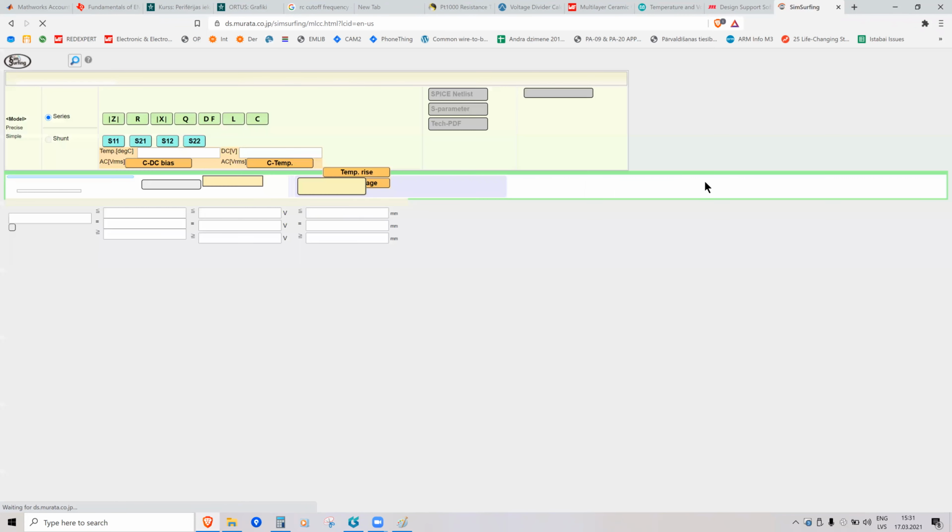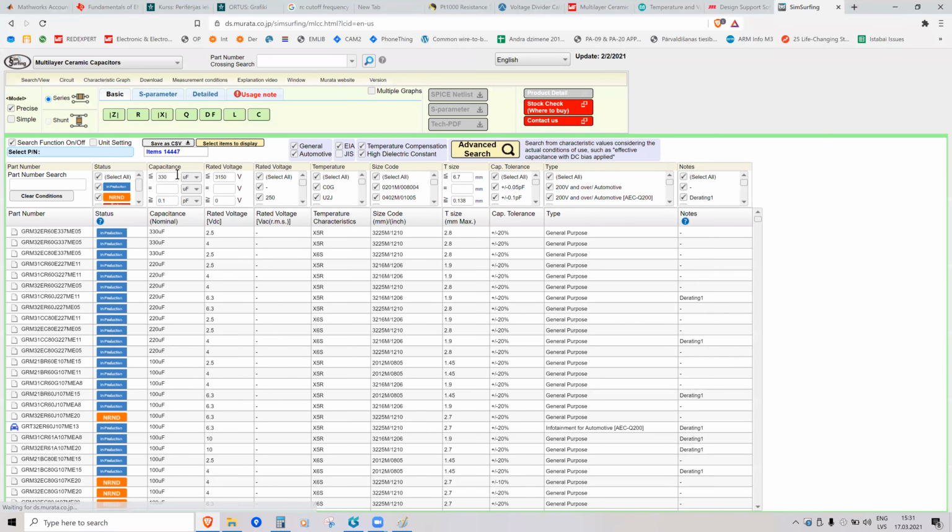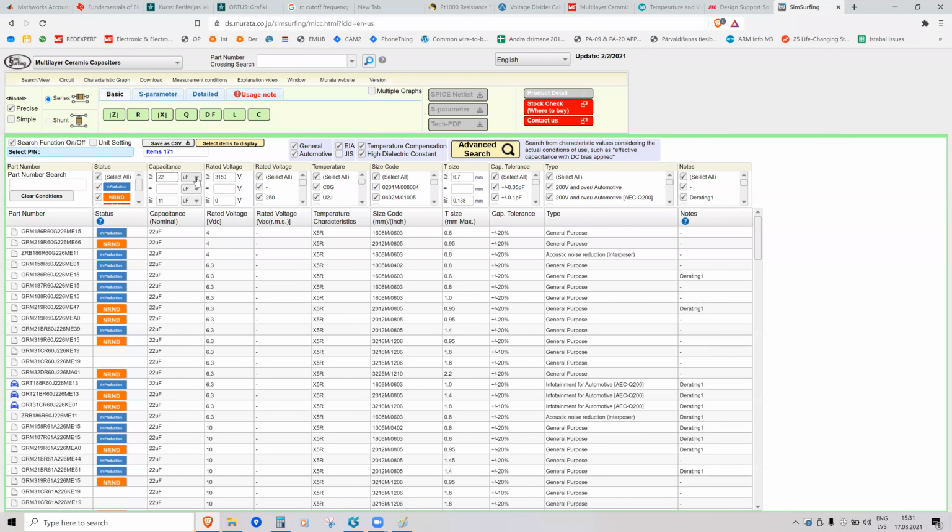And capacitance versus voltage. So I need something between, I don't know, 11 microfarad and, for example, 22 microfarad. I don't want to have too much capacitance because more capacitance is more expensive.